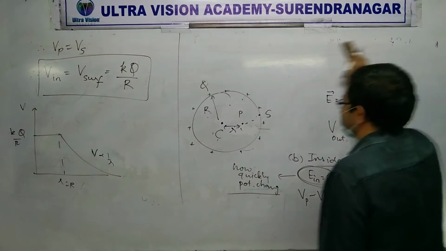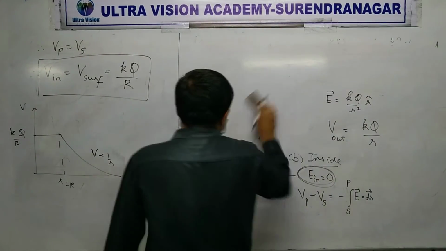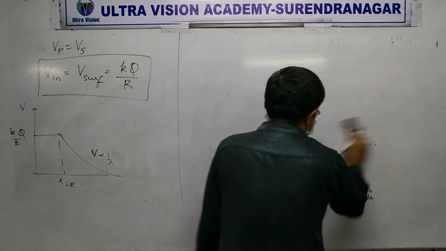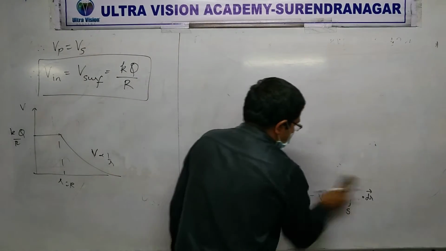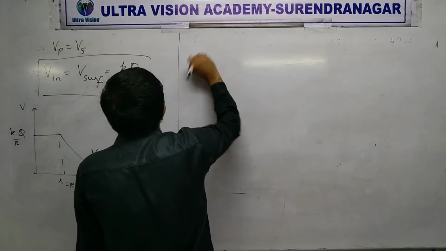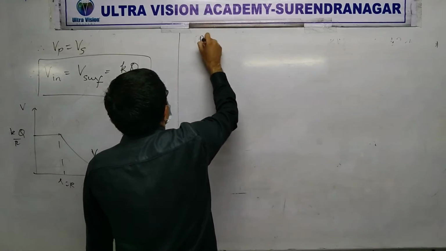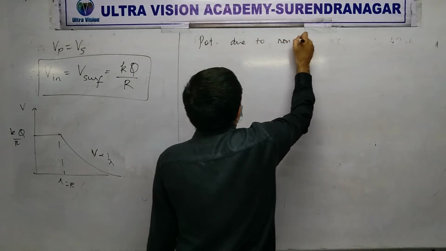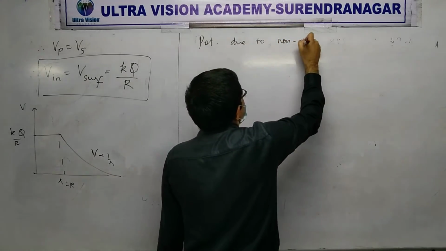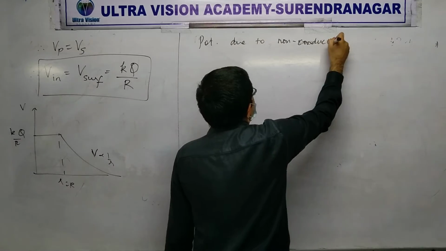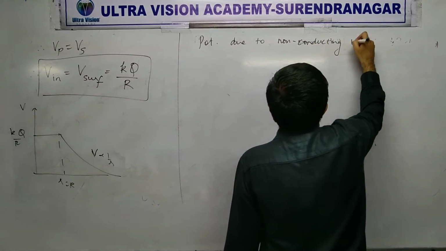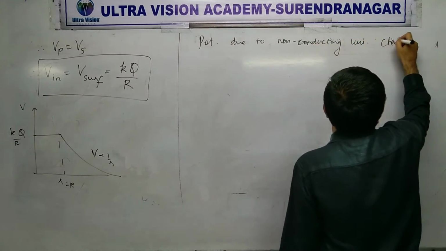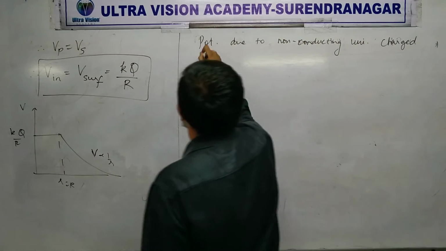Now let's go to the next shape. Potential due to a non-conducting uniformly charged sphere.